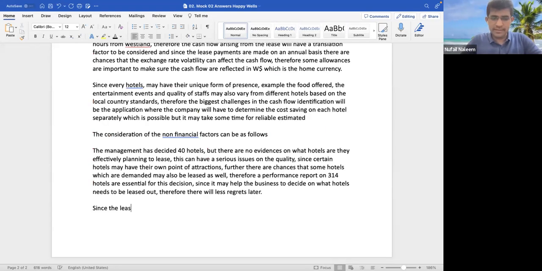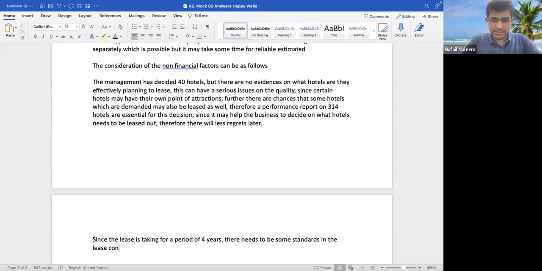Since the lease is taking for a period of 4 years, there needs to be some standards in the lease contract where the lessee cannot do major modification.